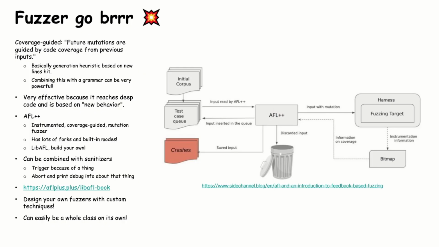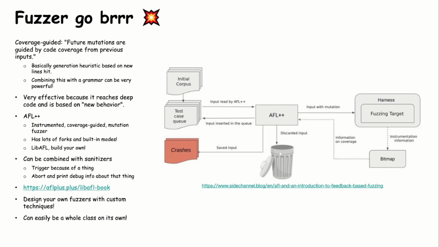Grammar-based: you should definitely implement a grammar if you're targeting pretty much anything. AFL++ on its own is, again, very effective, but you need something to guide the code coverage. And a good way to do that is by making sure you know the grammar extensively.